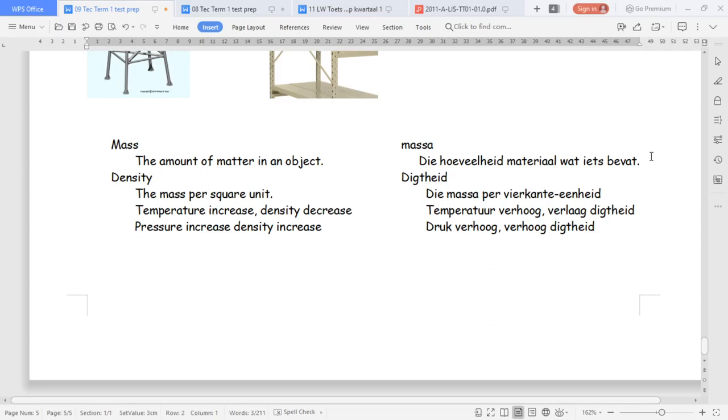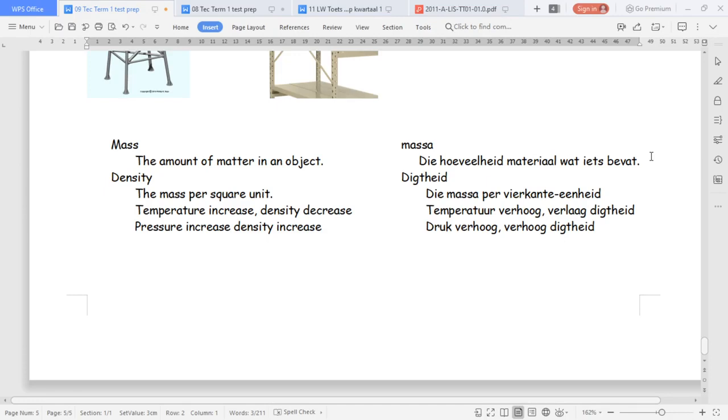Okay, nou kyk ons, how many particles is inside this object? So how tightly are these particles packed? Okay, so the amount of matter is the mass. So hoeveel dele, hoeveel stukkies is binne in hierdie stuk staal, is die hoeveelheid materiaal wat in iets is.